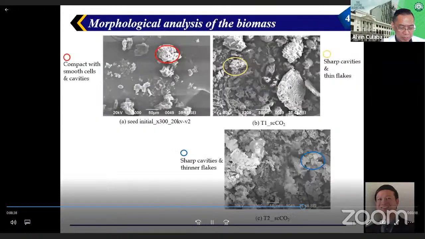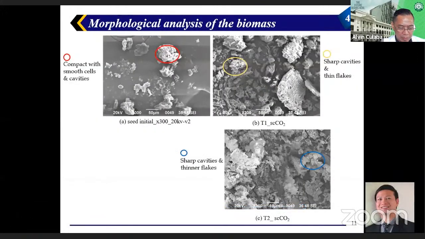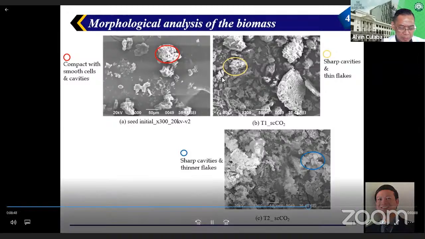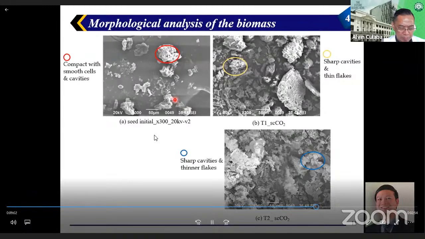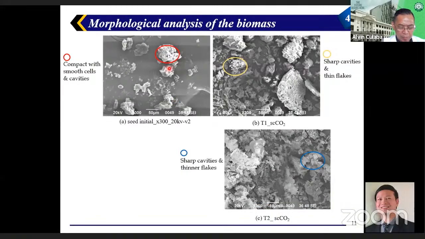It is known that the oil is present in the cytoplasm of the cotyledon cells, aleurone cells, and radicle cells of the seed. Hence, the destruction of these parts of the cells is crucial to reactive extraction. Using morphological analysis, we could see how the seed is destructed to remove the oils. The structure of the fresh sample shown in figure A was composed of compact objects with smooth cavities and compact cells.